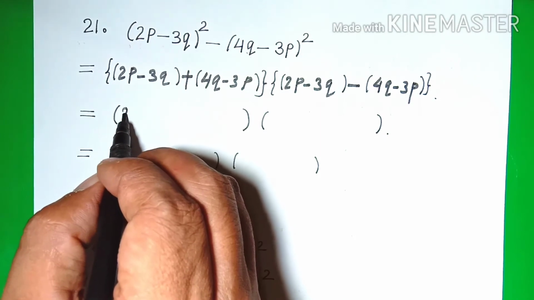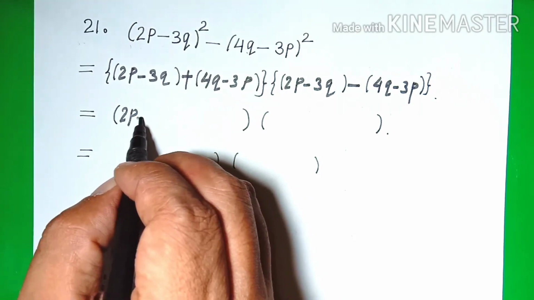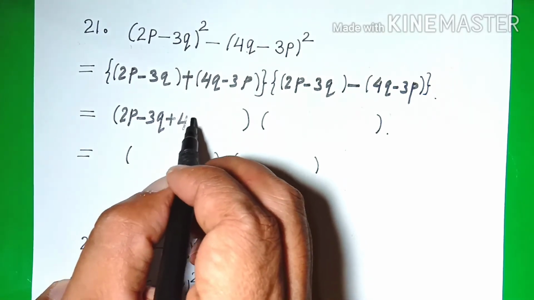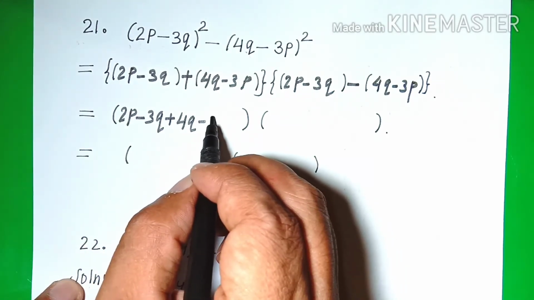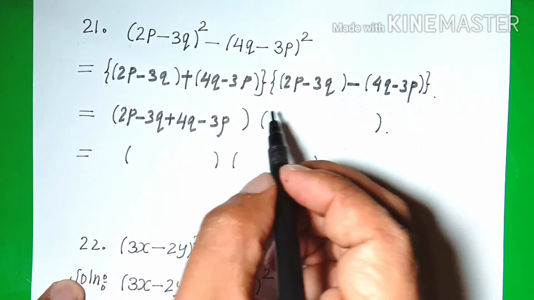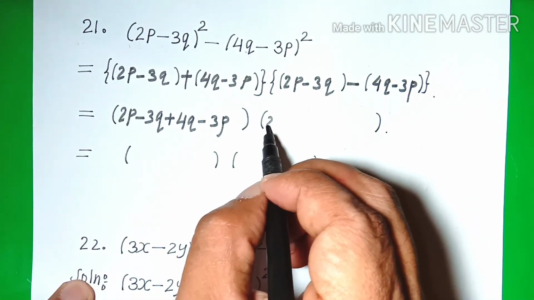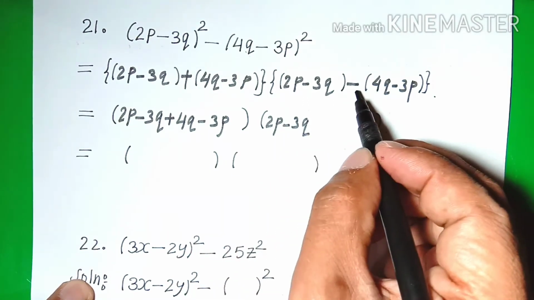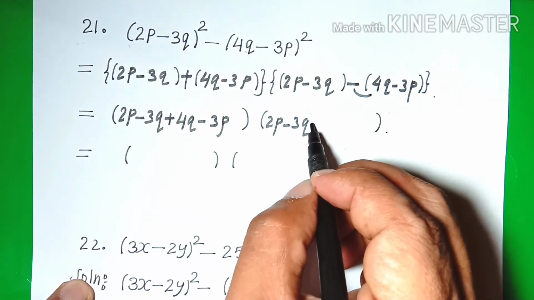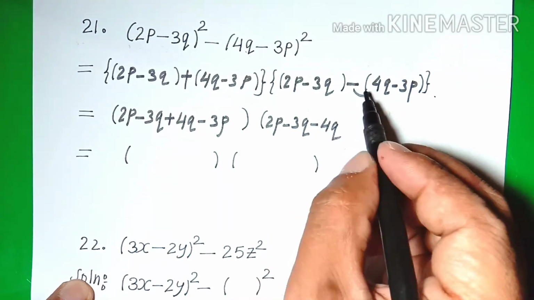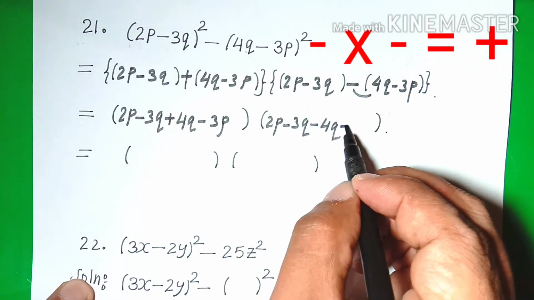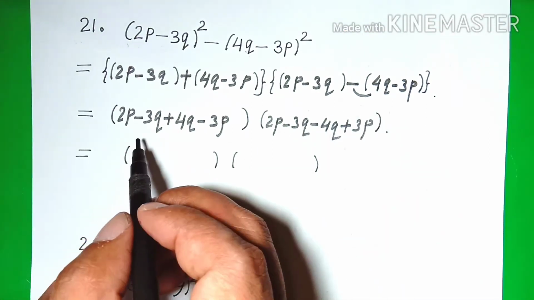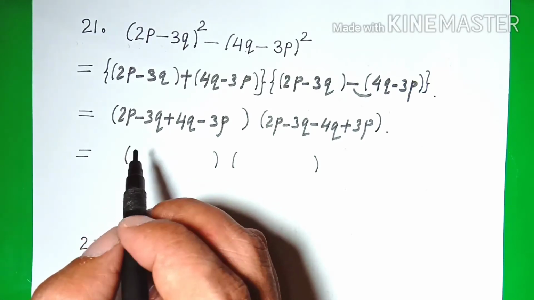This can be taken now as 2p minus 3q plus 4q minus 3p. To the other side, also 2p minus 3q, with negative you have to multiply: minus 4q, minus minus will be plus, that is we get 3p. Now we have to group the like terms.